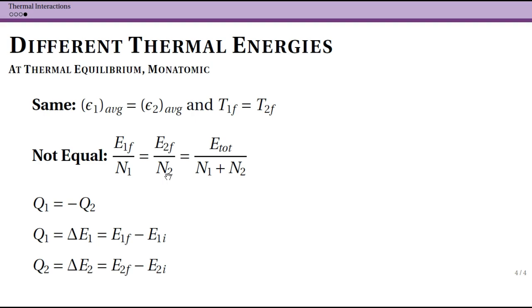And when they relate at equilibrium, so this isn't true in general, but this is at equilibrium, you can basically say that this is the total energy divided by the total amount of gas. So this is kind of a weighted average, that they reach this middle ground that does depend on how many gas atoms are there at equilibrium.